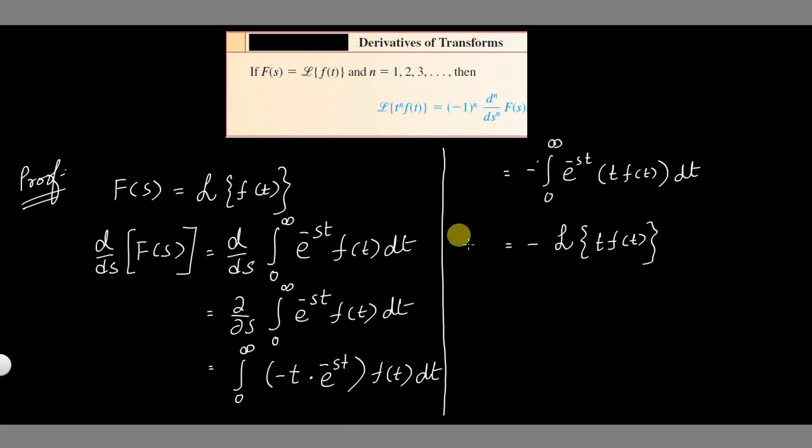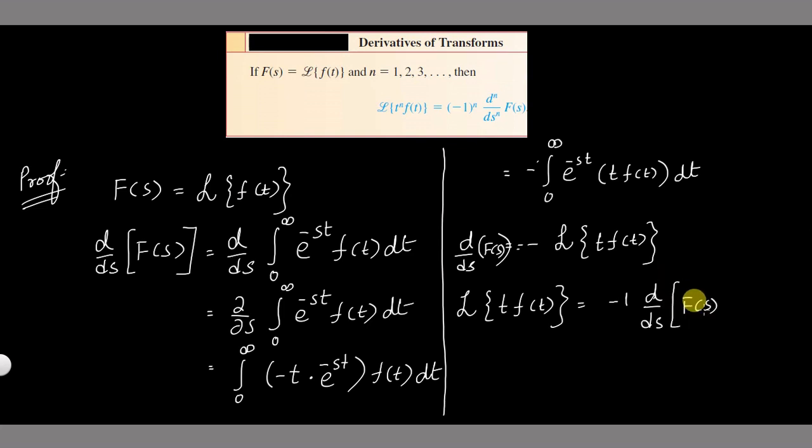Here you can see d over ds F of s. So we can write Laplace transform of t times f of t, which is equal to minus 1 d over ds F of s.